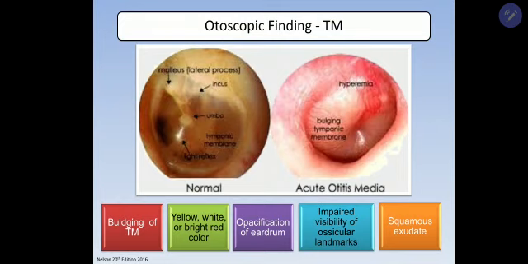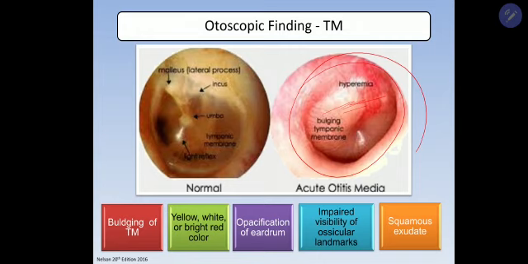So this is how a normal tympanic membrane looks, and this is how it looks when congested. Sometimes there is a stage we call the pre-suppurative stage. In the pre-suppurative stage, there is a bulge like this. And then obviously the next stage will be a perforation, and the discharge will come out.